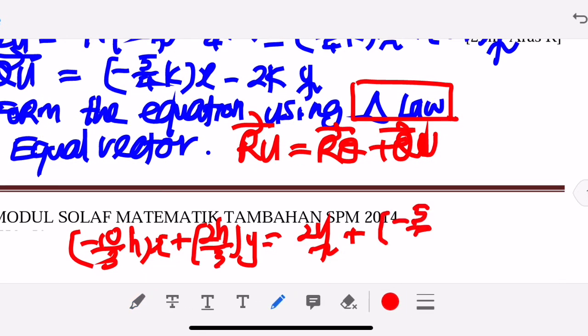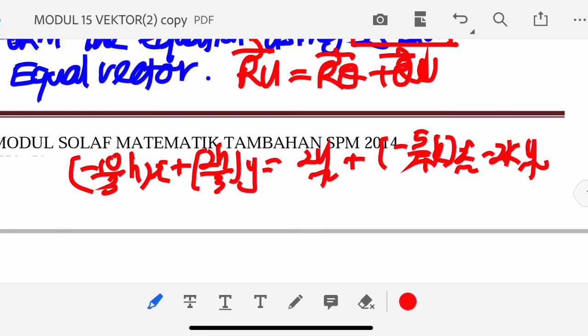kx minus 2ky. We do it carefully so that we won't make careless mistakes, and write your handwriting nicely and neatly. Of course your speed must be fast also.